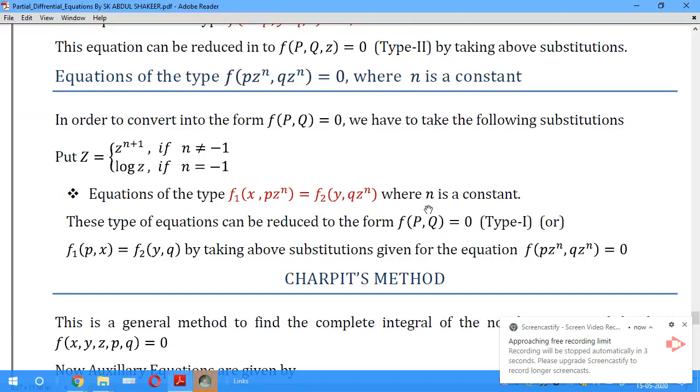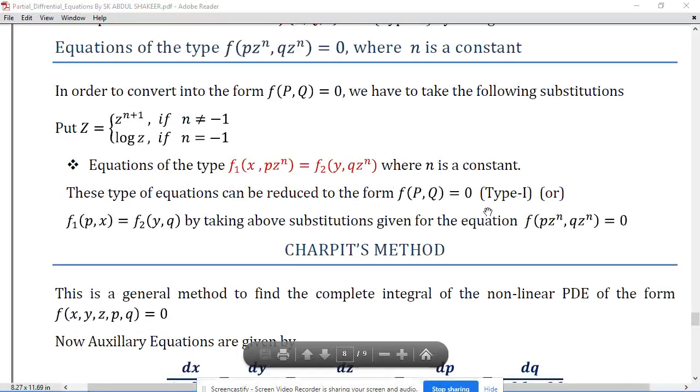Now this type of equations also reduces to the form type 1 or f1 of p, x is f2 of y, q, by taking the above substitutions given for the equation f of p z^n, q z^n equal to 0, where n is constant.